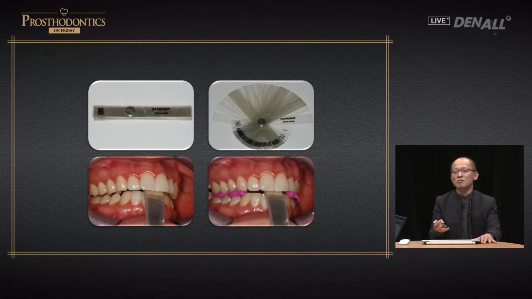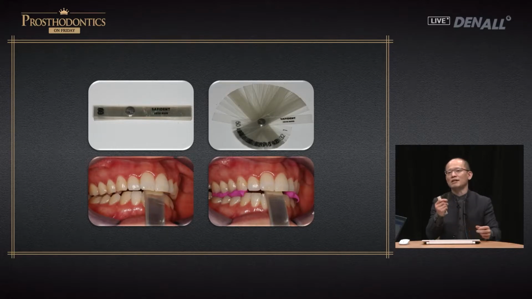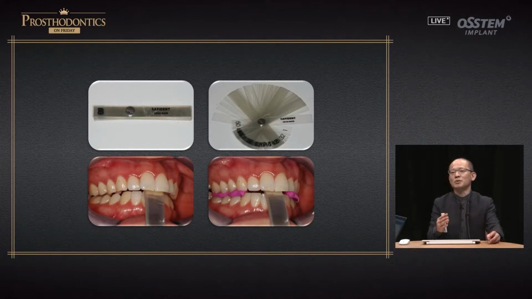And if you have the anterior teeth, using these tools is useful. But the leaf gauge is very thin. You stack up the 50 thin layers, so it should not come into contact, but still it should be thin enough. But if it's too thin, then it's flexible, and the patient can bite on it.